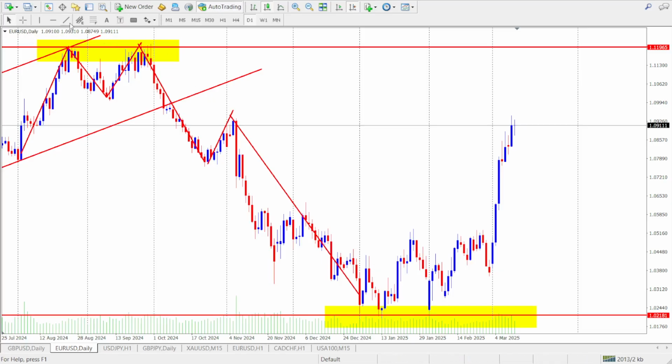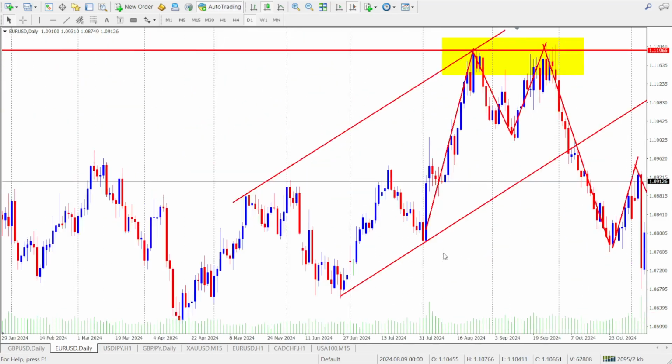So we kind of had a double bottom here as well. You can see this is a W, so a double bottom pattern. This is also a reversal pattern. So this is double top, this is double bottom, where this one is indicating a strong support level where buyers step in.